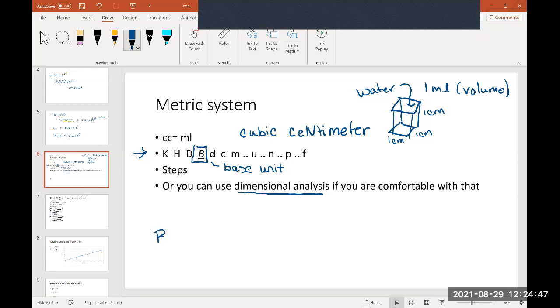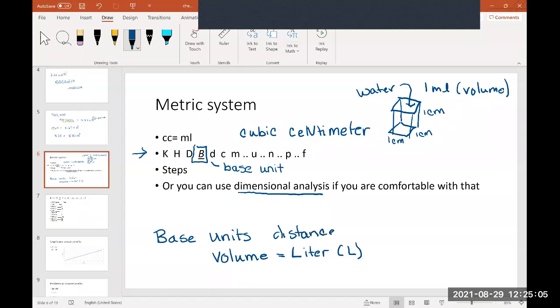So base units, let's write this. For volume, it's liter. For distance, it's meter. For time, it's second.